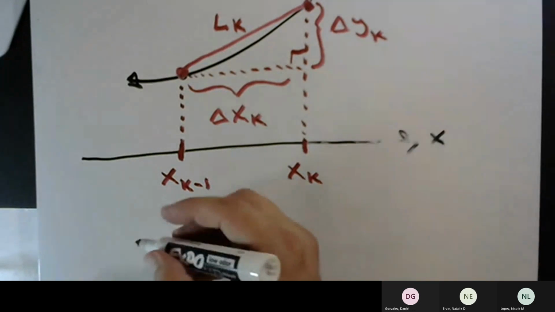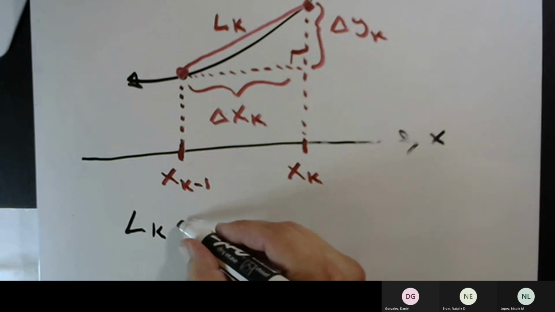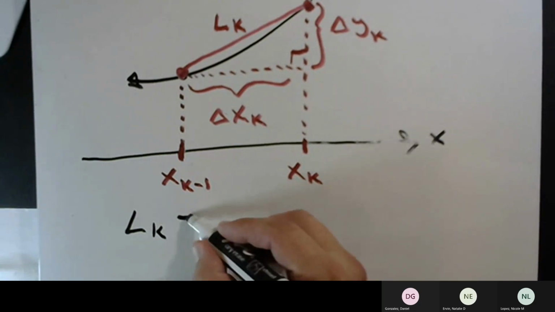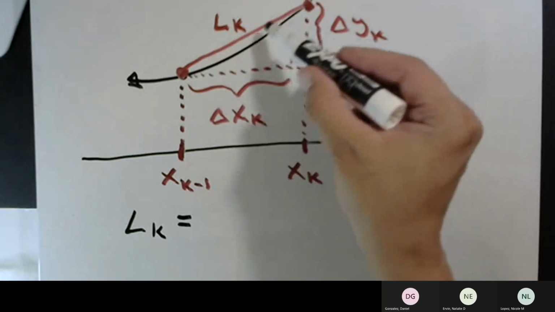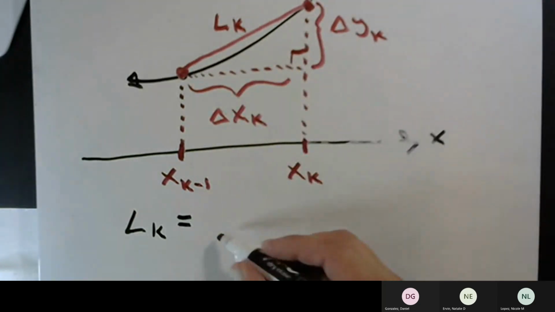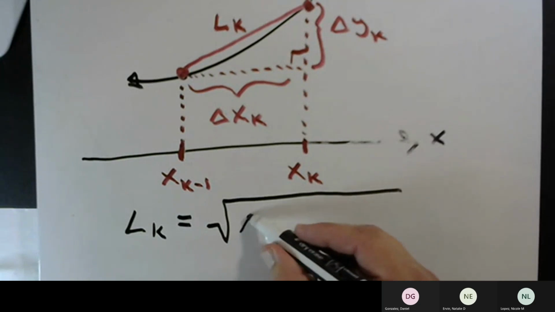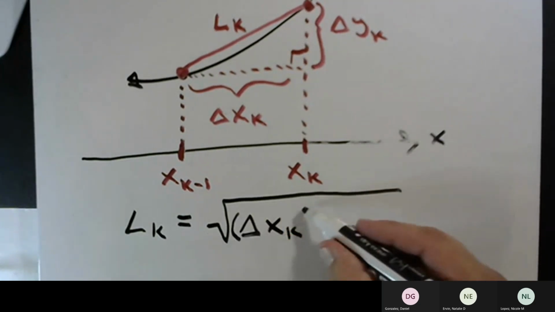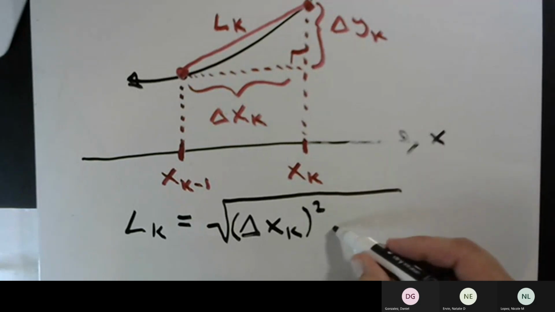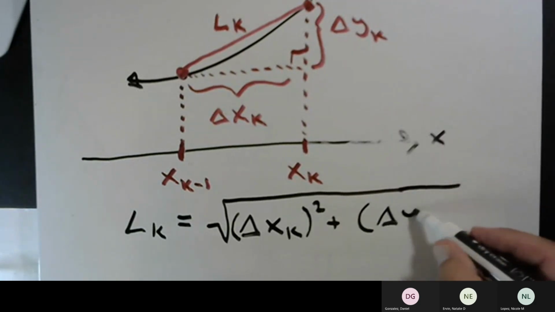Now, using the Pythagorean theorem, this says this line segment is approximating our curve, and the line segment itself, using the Pythagorean theorem, is delta xk squared plus delta yk squared.